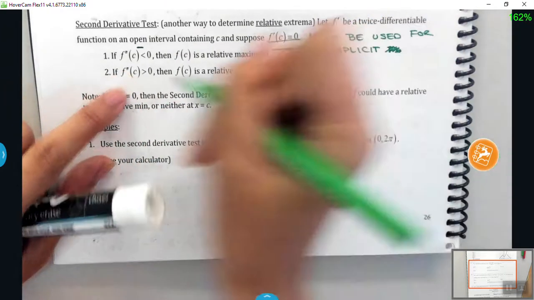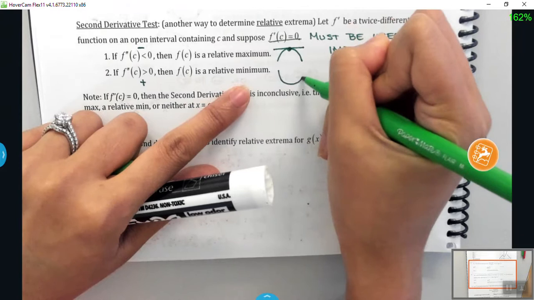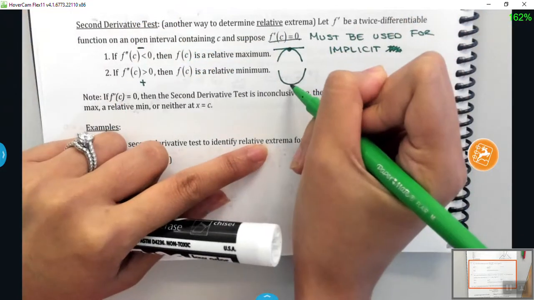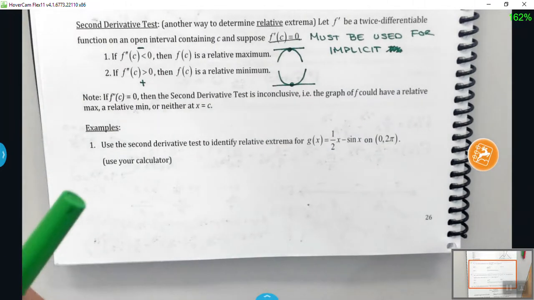Similarly, if my second derivative is positive and it's concave up and my first derivative equals 0, the only point I could be at would be a relative minimum. Okay, so that's second derivative test, and that is only dependent on one singular point. You don't have to do a number line and test both sides. You're just figuring out what's going on at that one point. And that's why you want to use it for implicit functions. Okay?